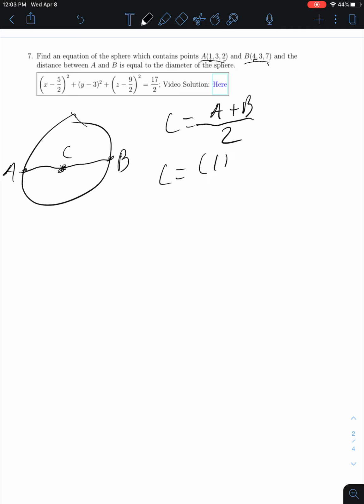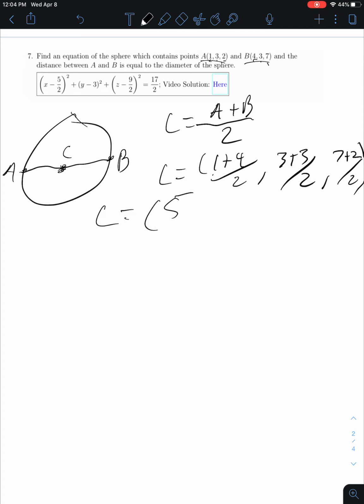So we get C is going to be equal to 1 plus 4 divided by 2, 3 plus 3 divided by 2, and 7 plus 2 divided by 2. And now this guy, C, can also be written as 5 over 2, 3, and 9 over 2.